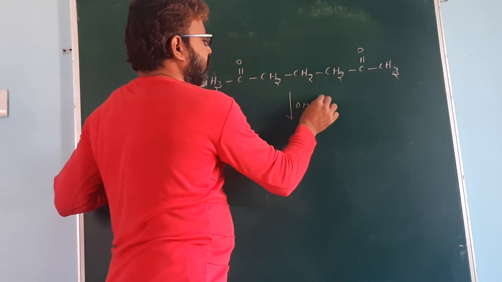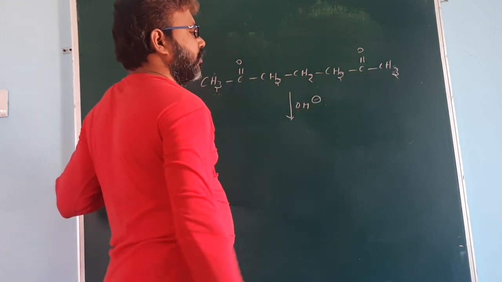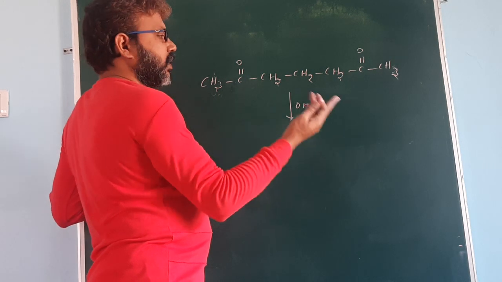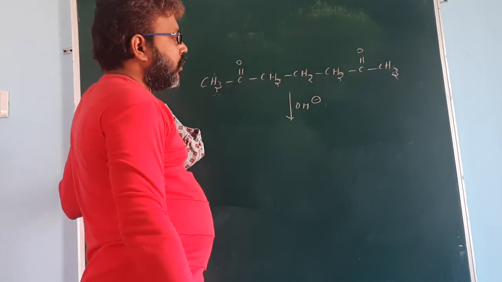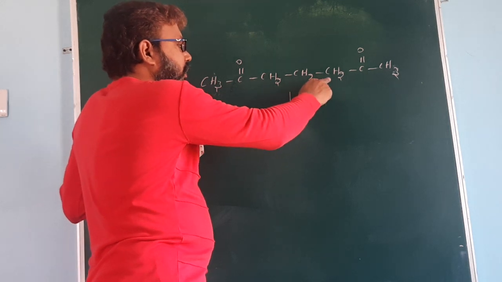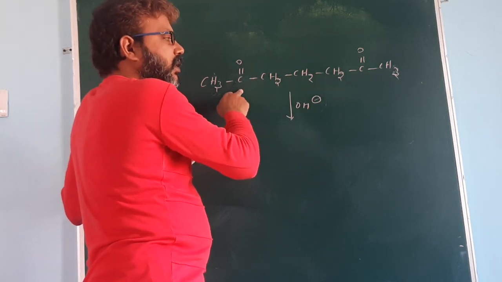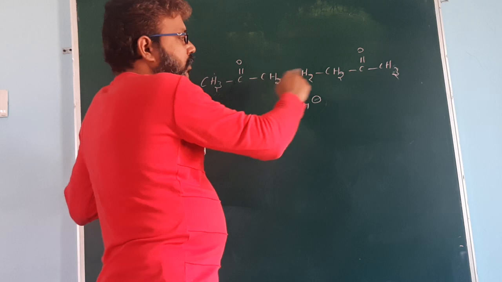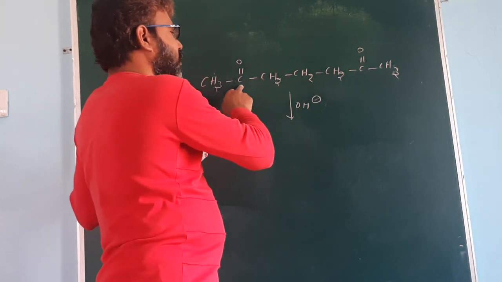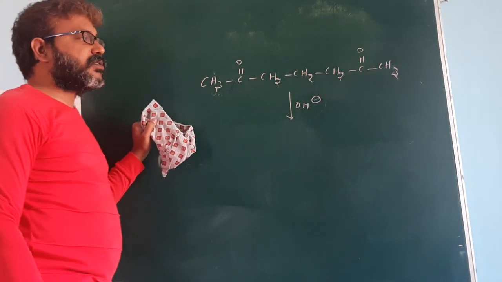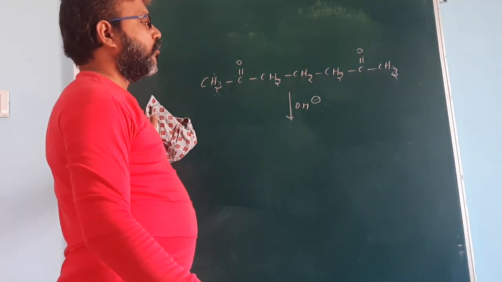So OH minus abstracts the proton from this carbon or this carbon, you get the same product because it is a symmetrical ketone. When it abstracts the proton from this carbon, we get a 4-membered ring, it is less stable. When it abstracts the proton from this carbon, we get a 1 2 3 4 5 6-membered ring. It is more stable compared to the 4-membered ring.